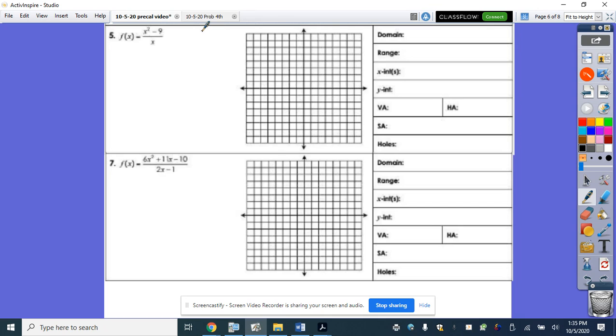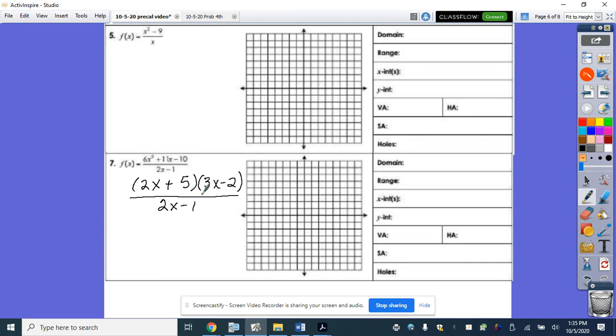So number 7, first of all, it looks like it needs to be factored, and it does. So if I factor this, this is going to be 2x plus 5 and 3x minus 2. And I have 2x minus 1 on the bottom.